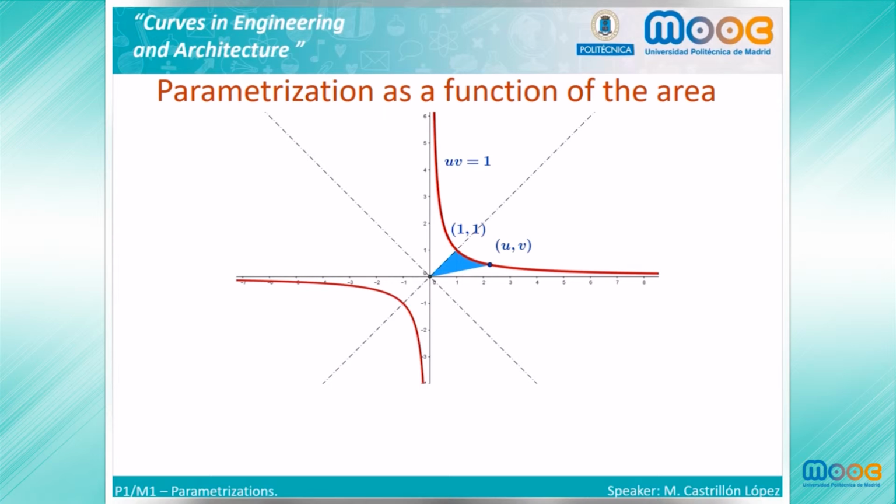For a point (u, v), we compute the blue area as follows. It is the sum of two green regions, A1 and A2, minus a red region, A3. We compute the area of these regions. The first green region is a triangle of area 1/2.